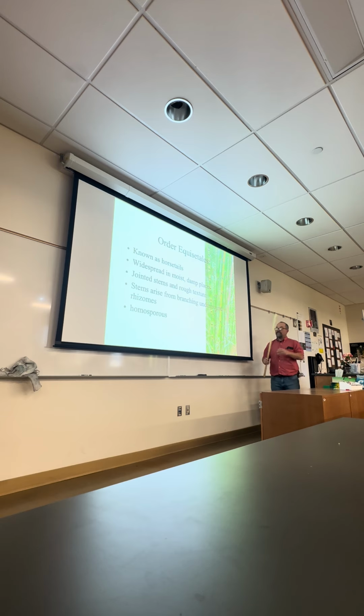These are also sometimes called scouring rush, because people would use them to clean things, because there's tons of silica. Herbivores hate silica. What is silica? It's glass, essentially, right? And so one of the reasons for their success is they're pretty much inedible for a lot of herbivores.